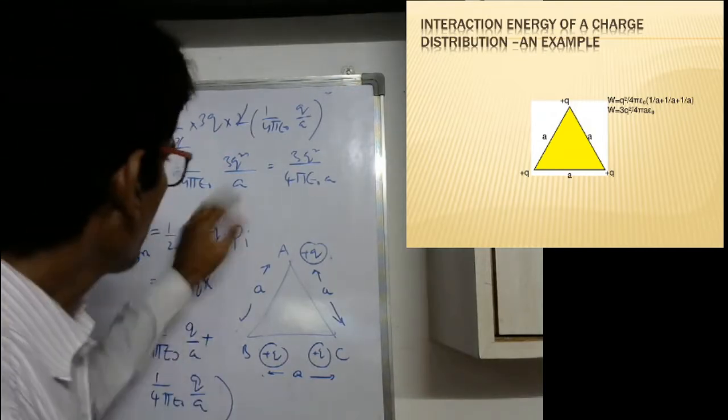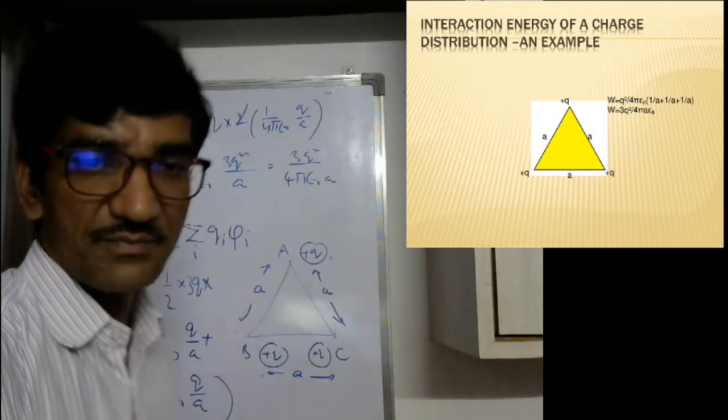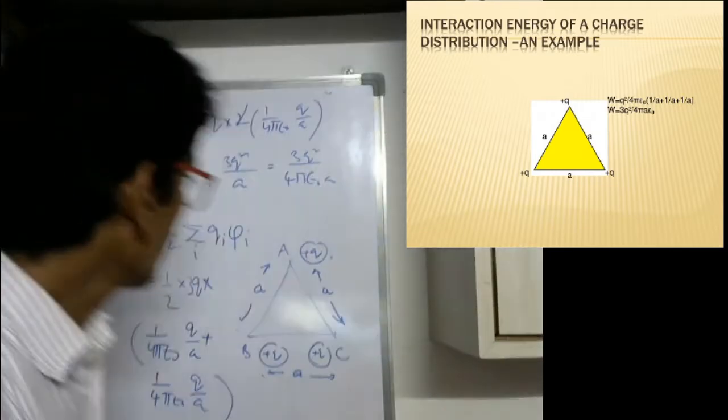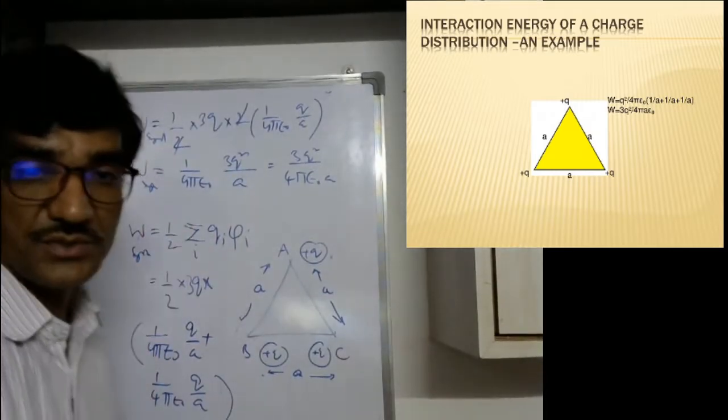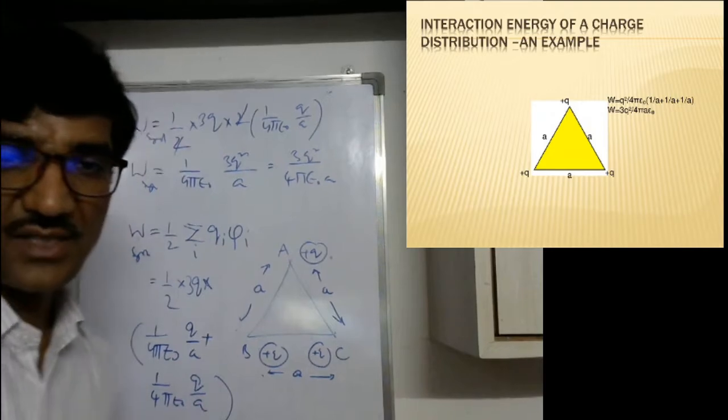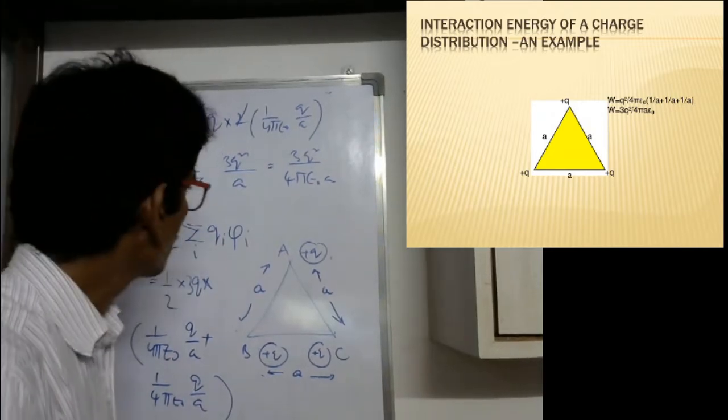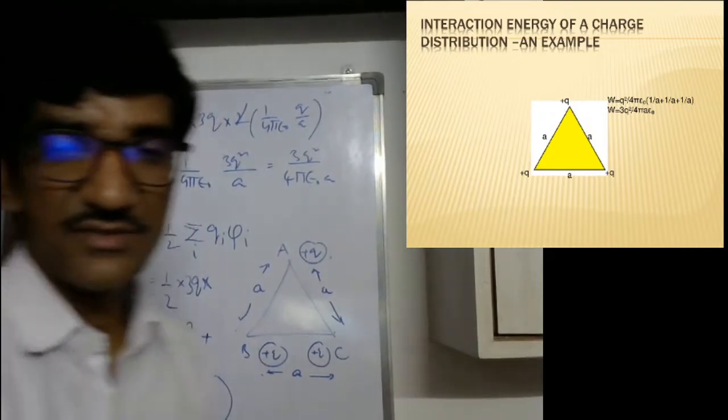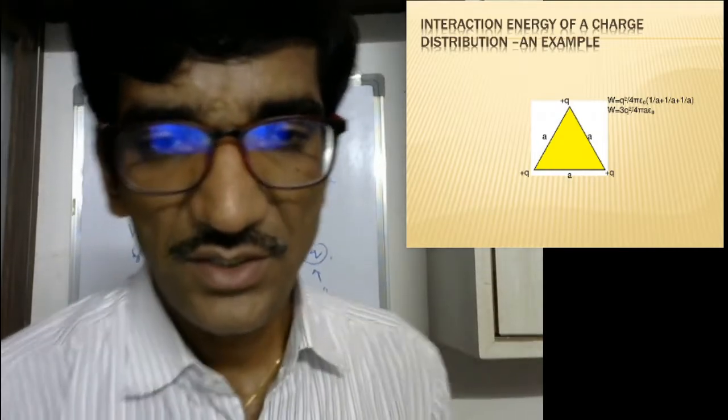See, you compare this formula with our earlier formula. Both of those two formulas are same. So we may calculate the interaction energy of the system in these two ways.